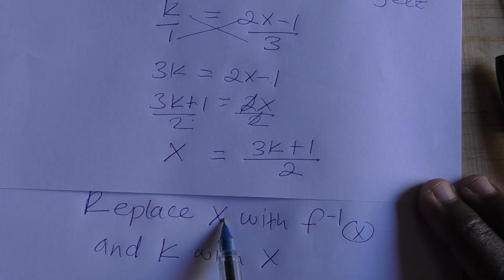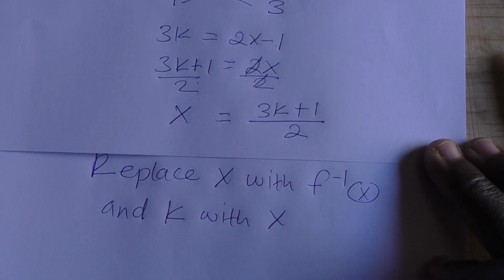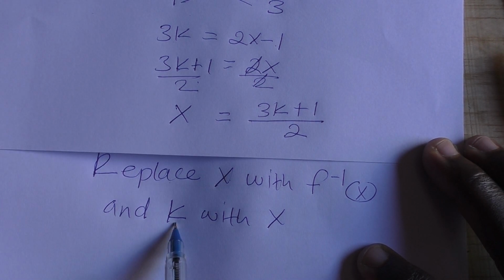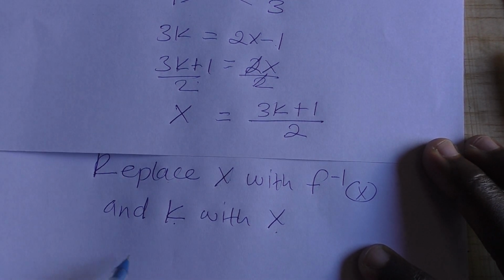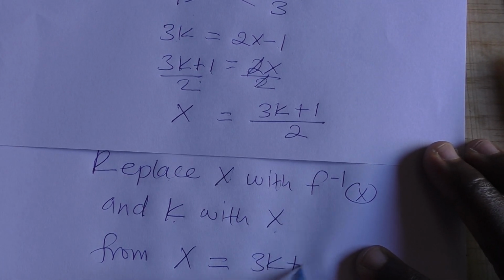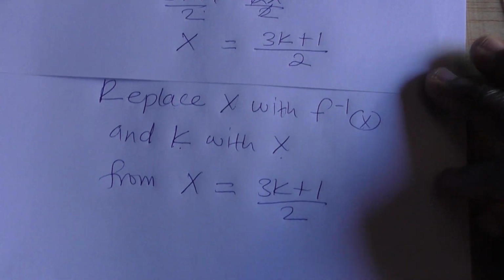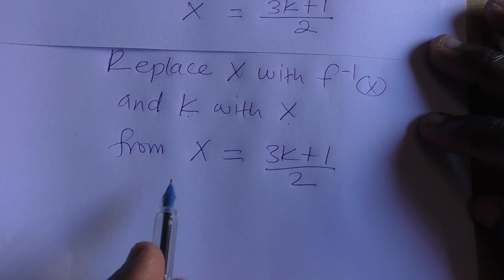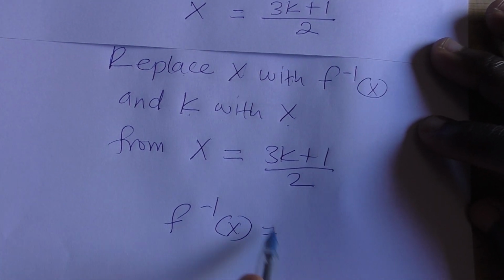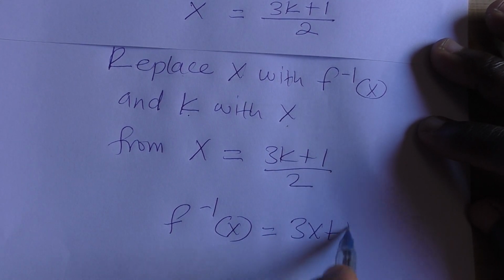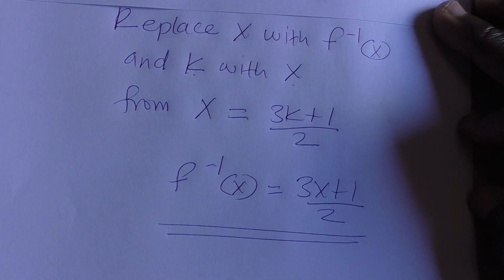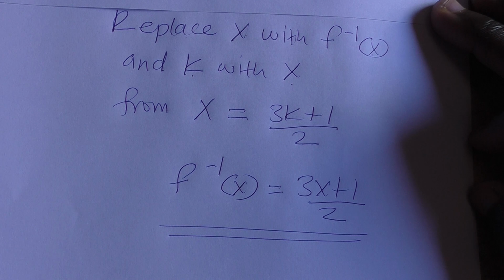So we replace x with the f inverse, or the inverse of the function, and k with x. Remember, we have x as 3k plus 1 over 2. So if we are to replace, we replace x with the inverse, and we replace k with x, that is 3x plus 1 over 2. Hence this becomes the inverse of the function.